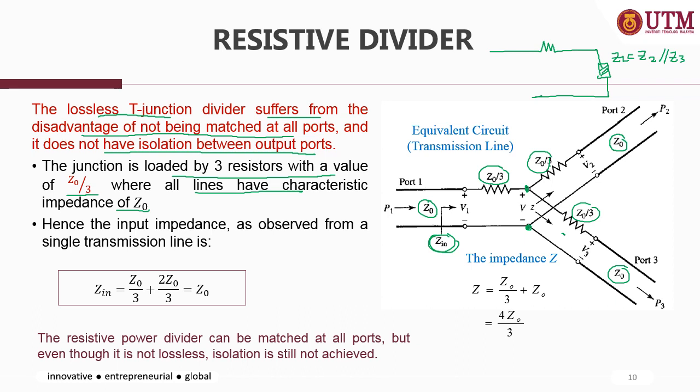Here is Z0/3. So the Z in will be equal to Z0 over 3 plus the ZL. So what is your ZL? ZL from port 2 is Z0 over 3 plus Z0. Same goes for port 3, it is Z0 over 3 plus Z0.